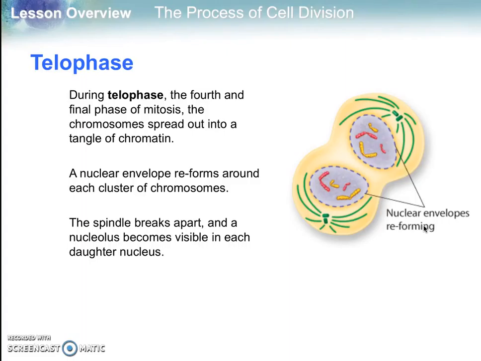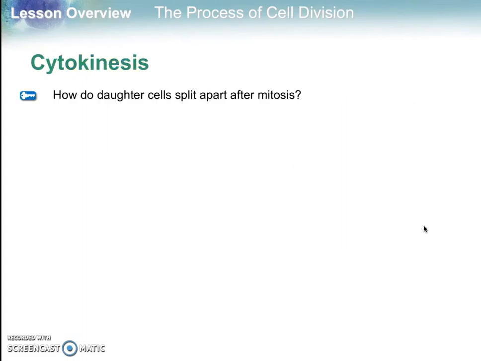The spindles break apart, and a nucleolus becomes visible in each daughter nucleus. So the four phases are PMAT: prophase, metaphase, anaphase, and telophase. Just remember PMAT, and you can remember the four stages of mitosis.